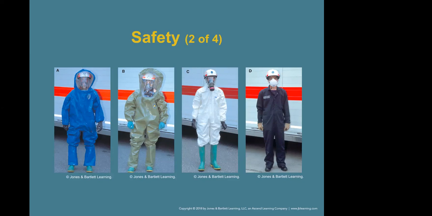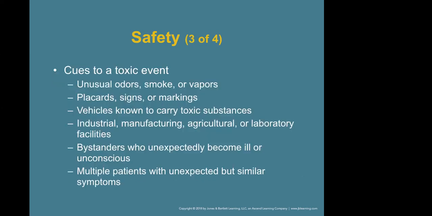A and B, you're going to be in the hot zone, and you really, as a medical provider, want to avoid that when possible. Any smoke, vapors, unusual odors, signs, or markings can tell you that you're in an unsafe event, or you possibly are about to have an exposure if you haven't already.